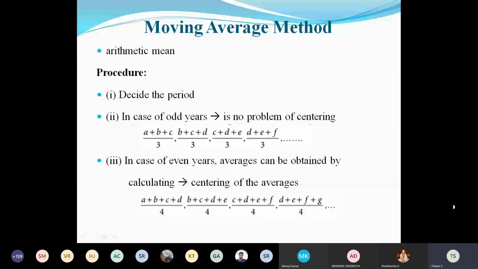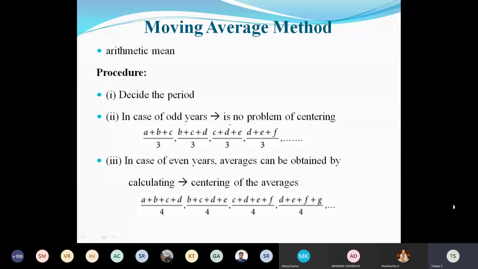If it is for 5 years, the second odd number after 3, you have to calculate a plus b plus c plus d plus e divided by 5. Likewise, the second set, b, c, d, e, f divided by 5. So you can calculate this moving average for any number of years, based on the data which you have taken or based on your interest.